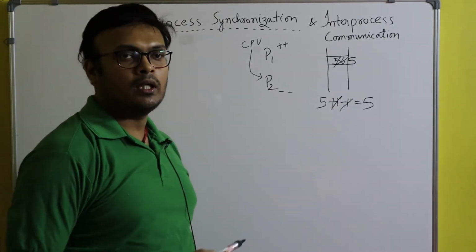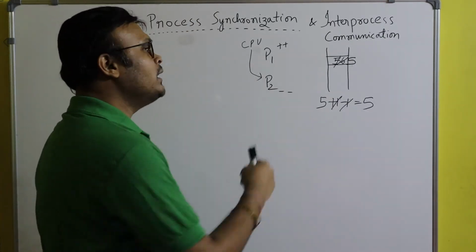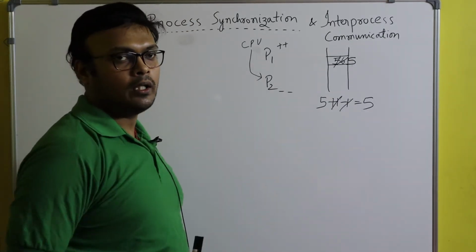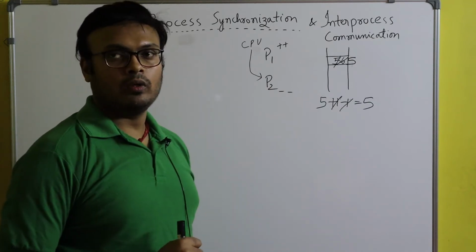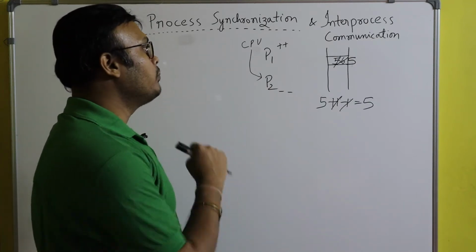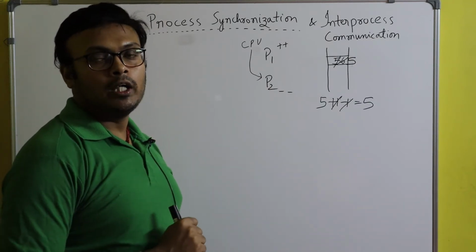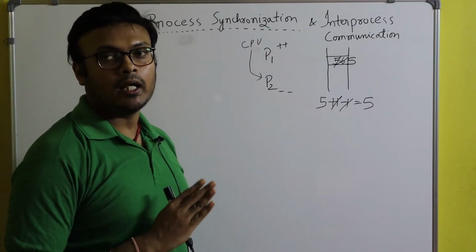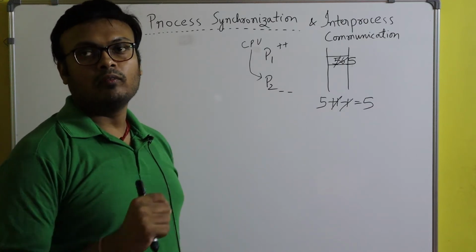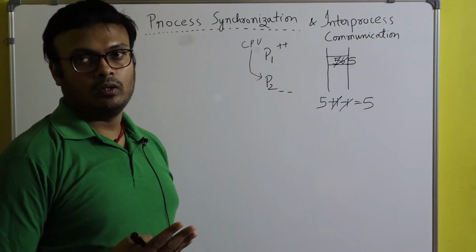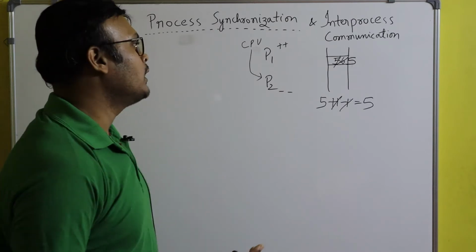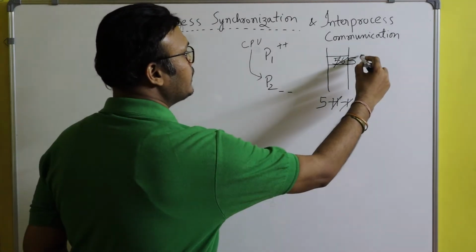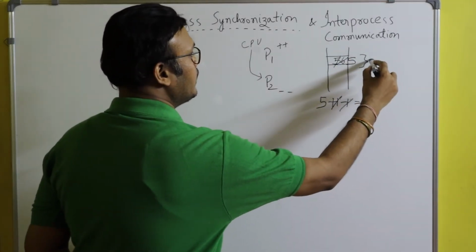No problem here. We are getting the desired result. It's not incorrect. Data is consistent here. It's so simple. But I've already told you, there is a chance of data inconsistency when two processes communicate through a shared region. Here, this is a shared region.